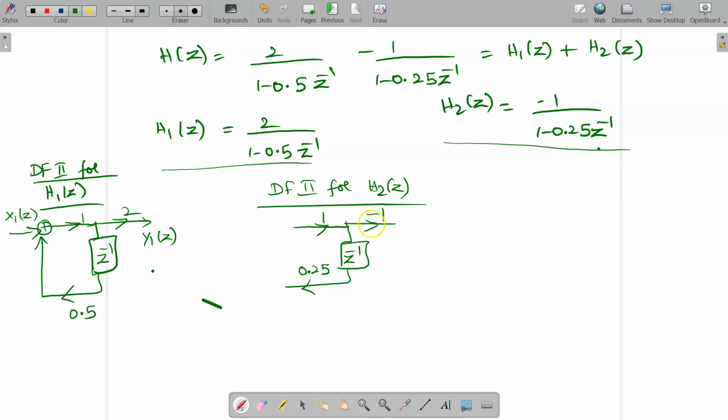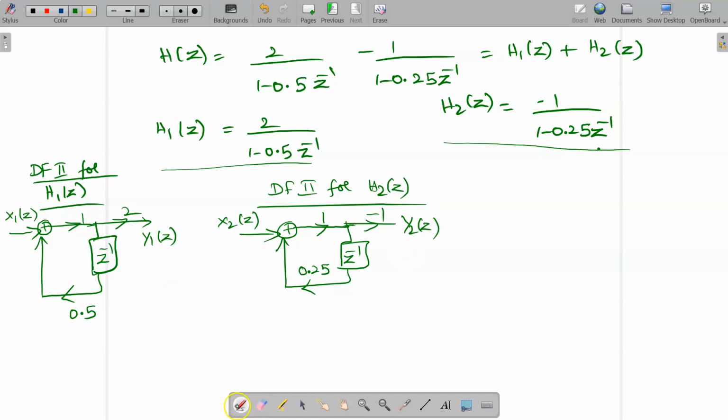Here we have minus 1, here 1, here 0.25 into z inverse. Put one adder because these two terms are in addition. This is x2 of z and output is y2 of z.